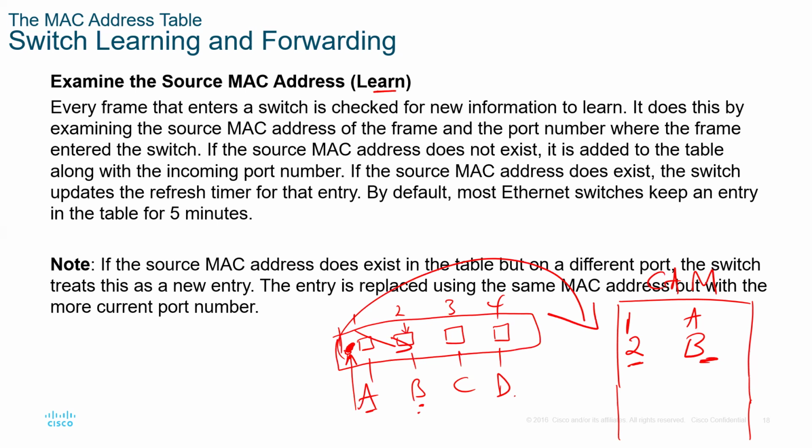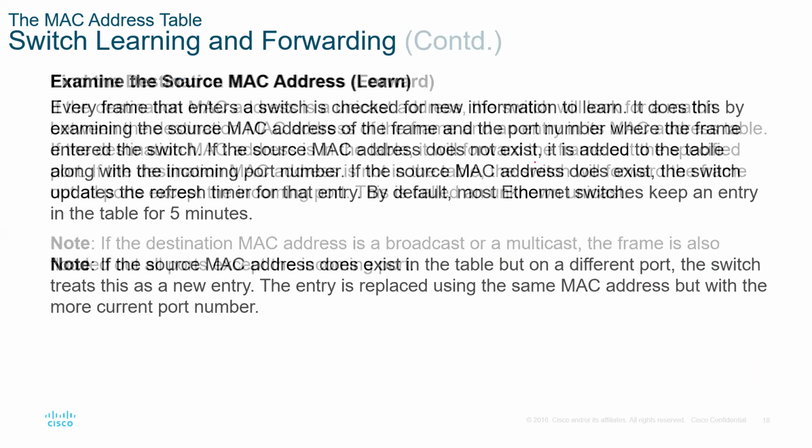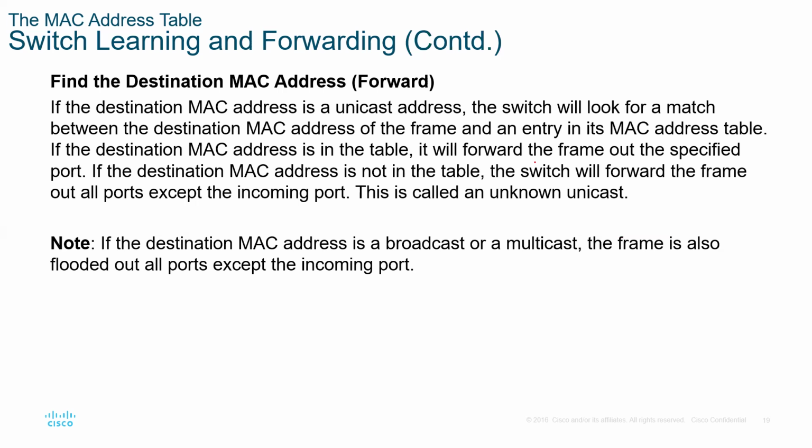Starting with number 1, learning: learning which port has which MAC address. Now we go to forwarding: it knows which ports are on the whole network. Next time information is sent, it directs that information to that specific address. And basically that is how a switch learns and forwards.